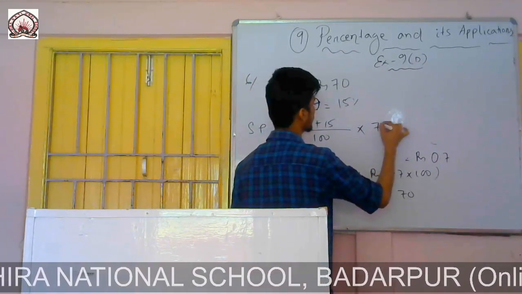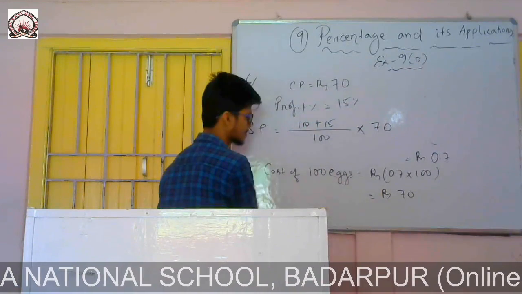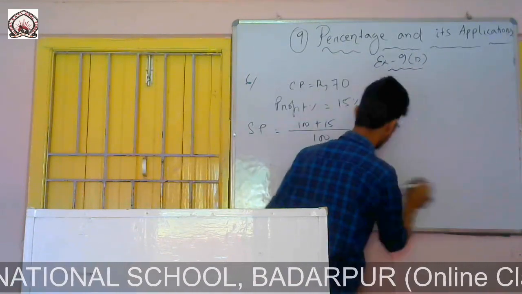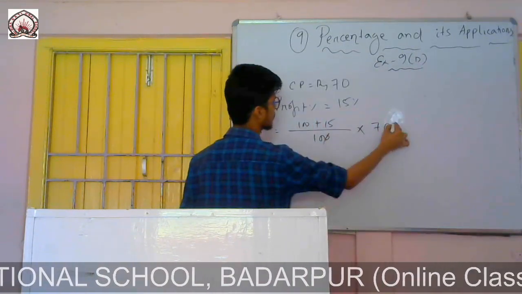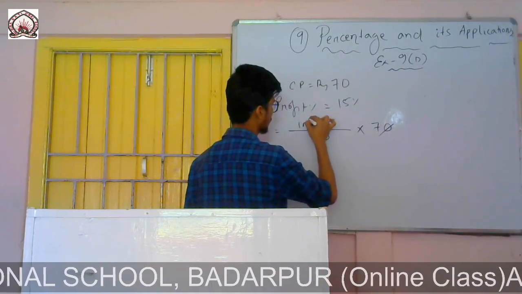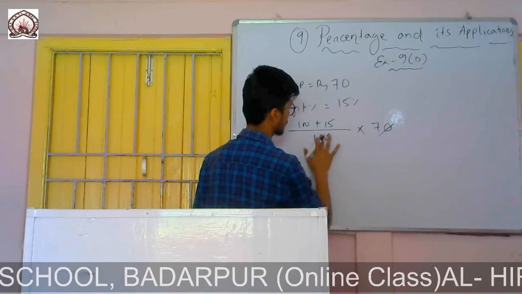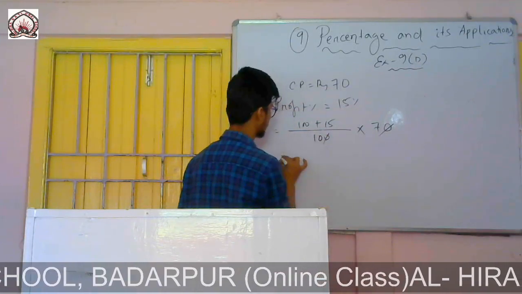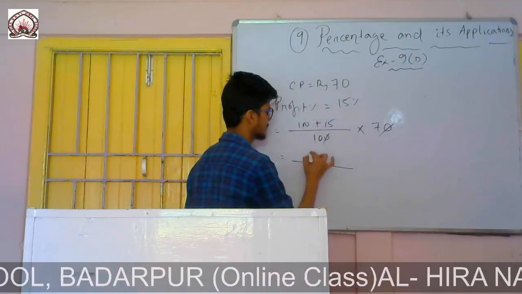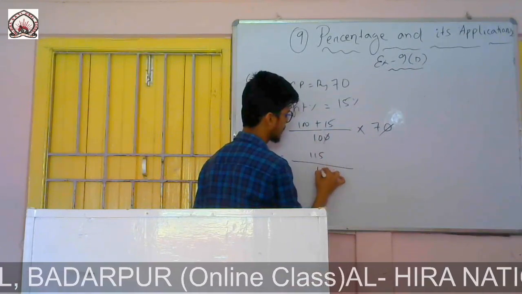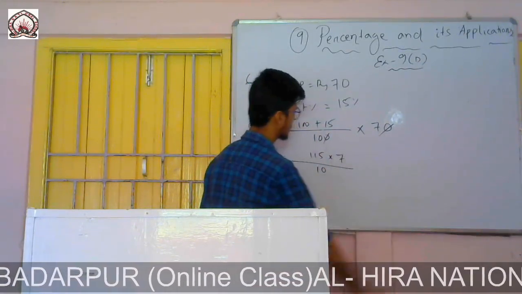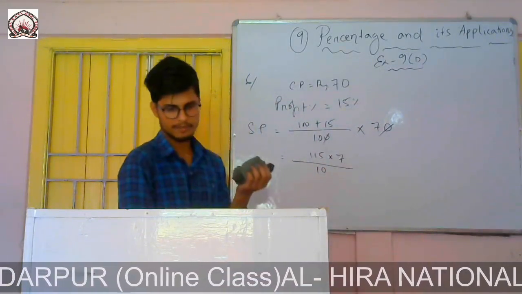It is 70. So you see, I can cancel this 0 and this 0, and again 1 zero is left. Write it like this. So 100 plus 15 is 115. They are left 10, and there is left 7. 115 into 7.